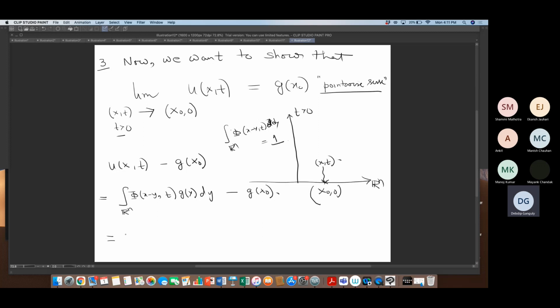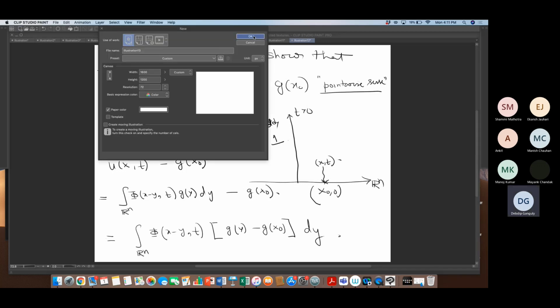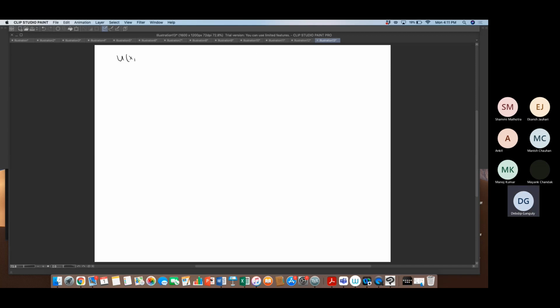Okay, so I can write this as the integral over Rn of phi(x minus y, t) times (g(y) minus g(x naught)) dy. So we have now the modulus of u(x,t) minus g(x naught).